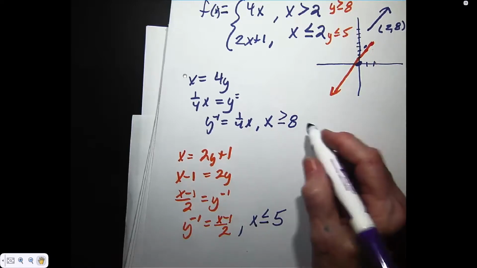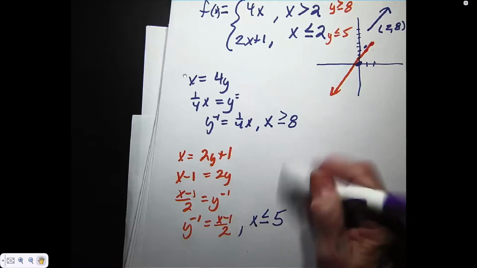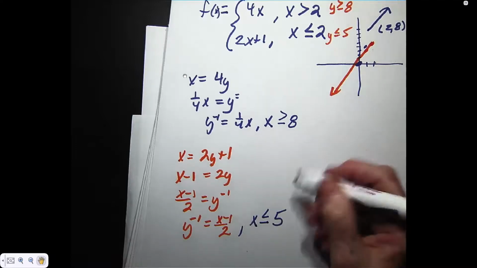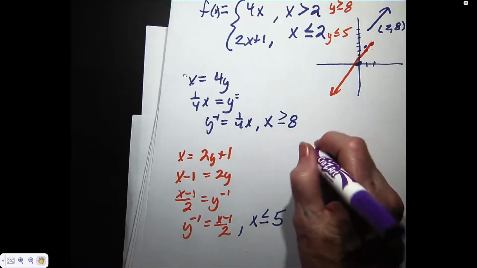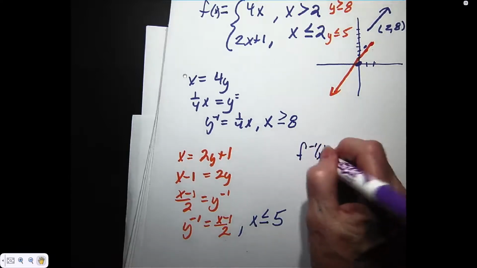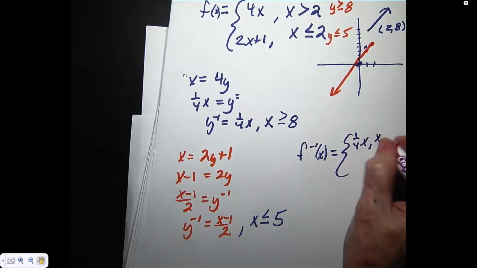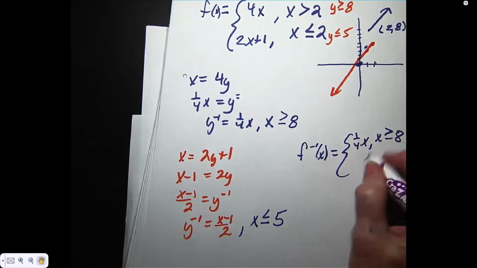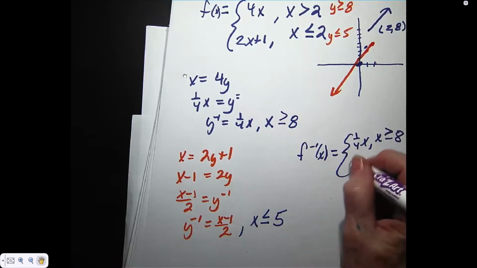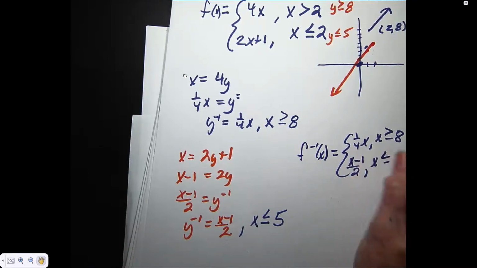So I would just have 2 separate equations. So f inverse of x is equal to 1/4 x for x is greater than or equal to 8, and x minus 1 over 2 for x is less than or equal to 5.